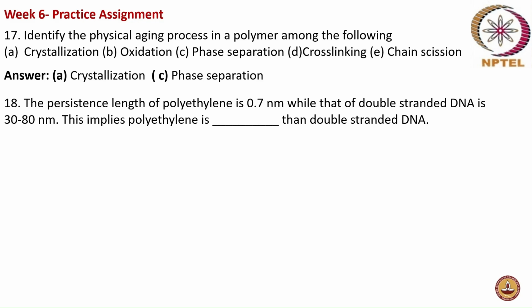Just now we had a discussion. No idea. Polyethylene is more flexible. If the persistent length is small, the rigidity is small. So you have small units, right? So it will be much more flexible.